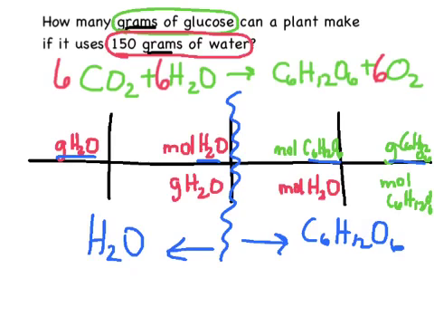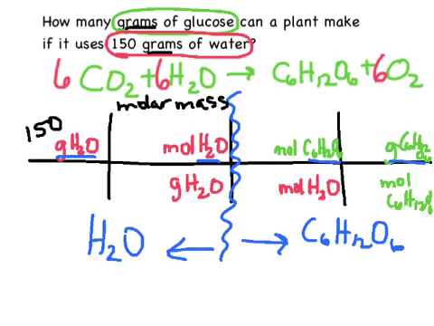Okay, so let's start plugging and chugging. Now that we have these units, our first number is 150, so that goes here, 150 grams. In our first bridge, we have moles of H2O and grams of H2O. This is the molar mass, Mrs. Carrillo. You are absolutely right. Molar mass means, where do we look?